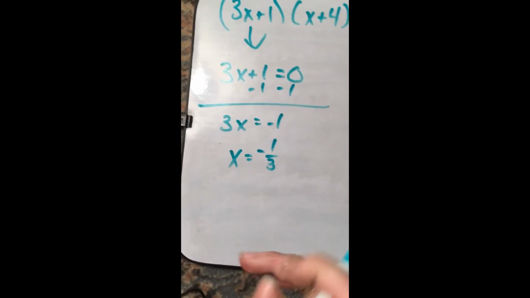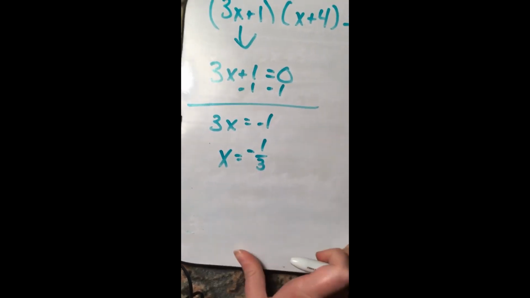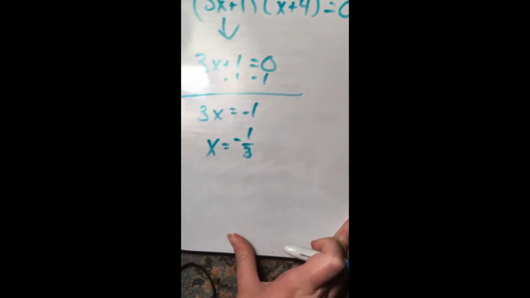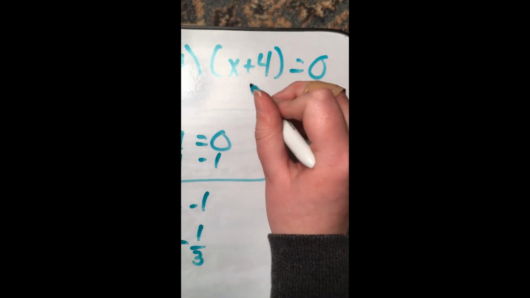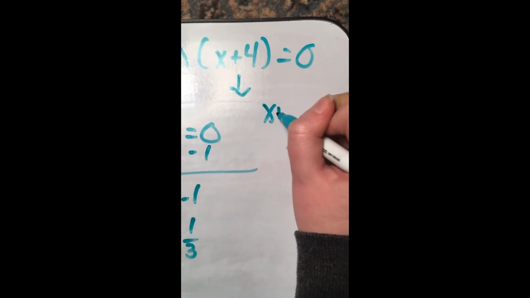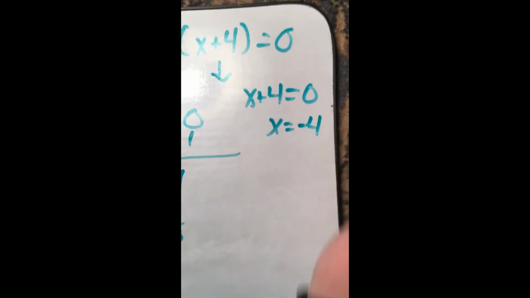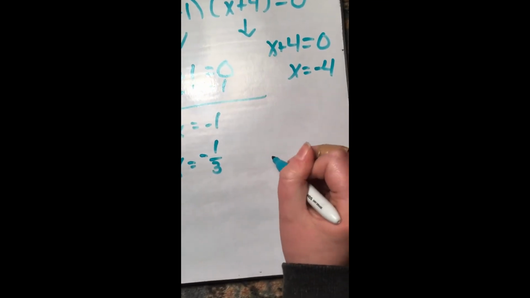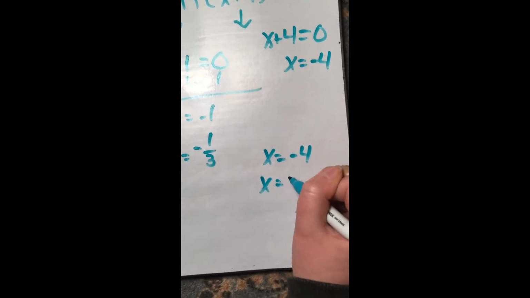Most of the time on Delta Math, one of the equations is going to be a fraction. At least one of the numbers. Alright, so let's do this one now. X plus 4 equals 0. X equals negative 4. Alright, so our two answers are x equals negative 4 and x equals negative 1/3.